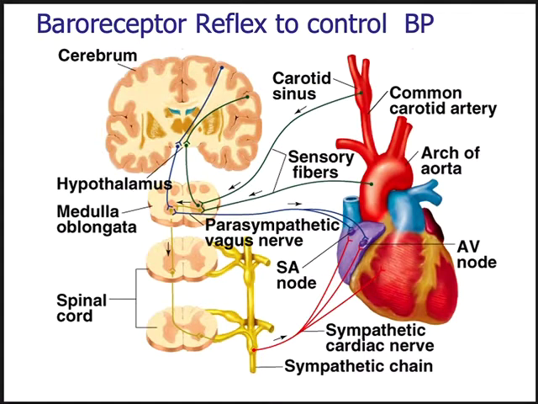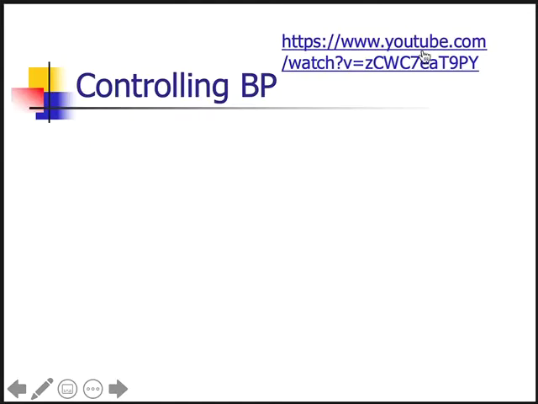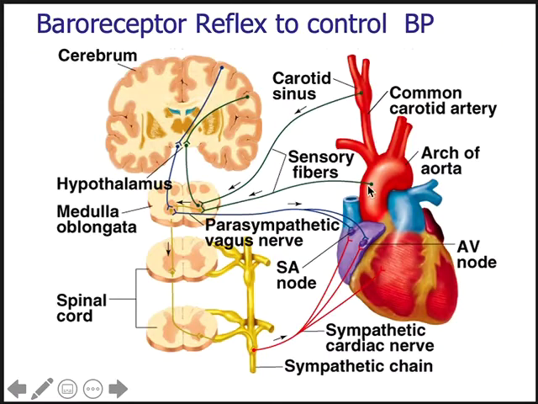There is an animation in your book, and yes, here you have a link. You can copy and paste this link into your web browser and watch the animation that goes with this figure, step by step. You have these baroreceptors in the carotid sinus and in the aorta.